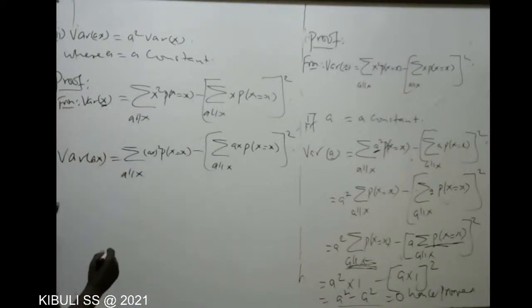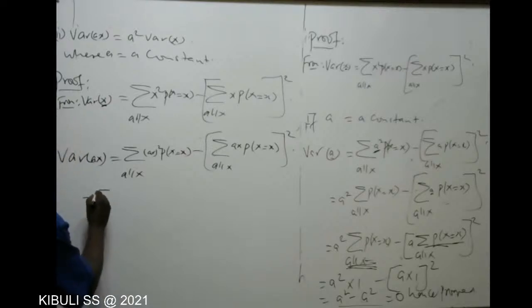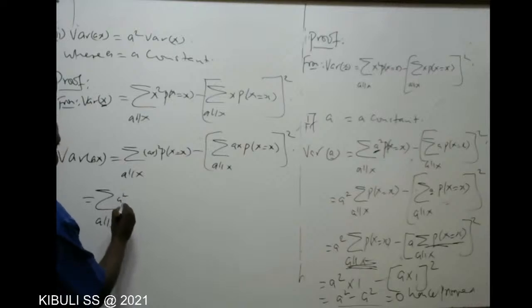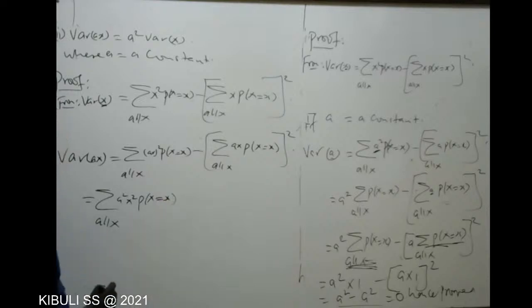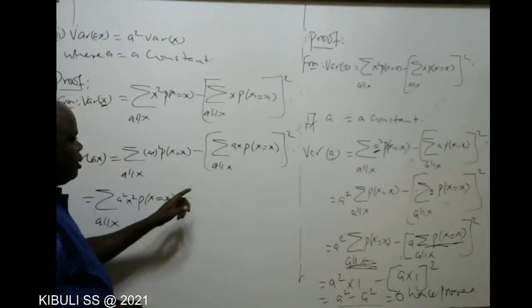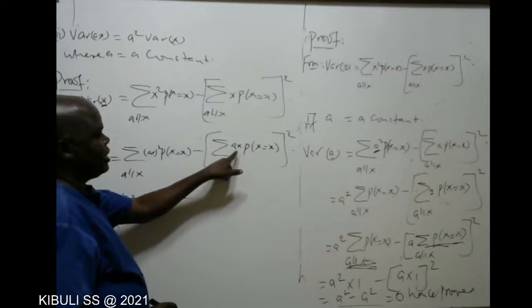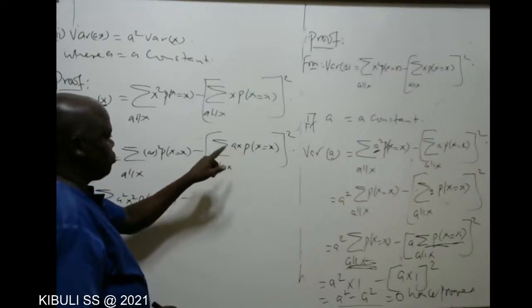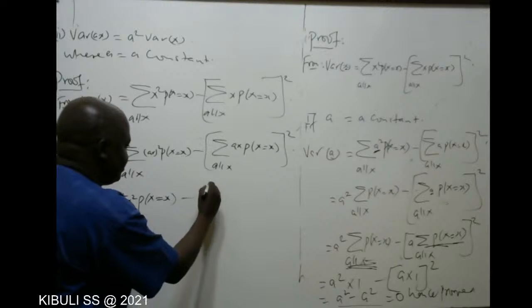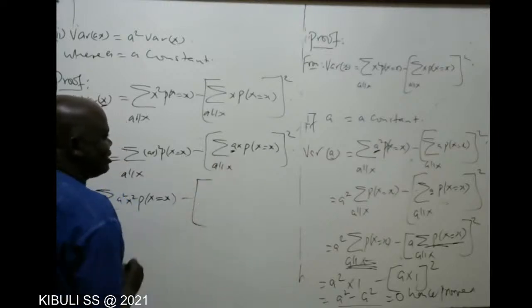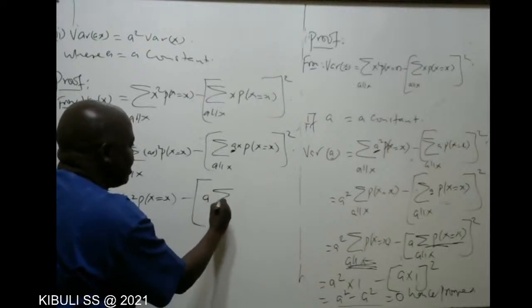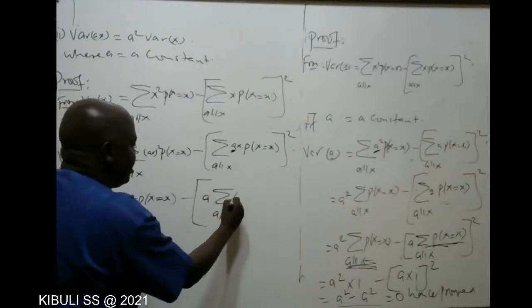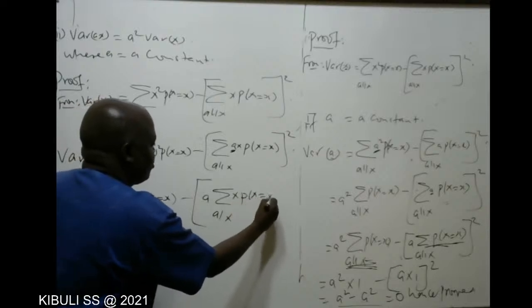So this shall be equal to the sum of all of x, a squared, x squared, probability of x is equal to x, minus. You have here two options: either pull out the constant squared, or square first. But for simplicity, we are going to first pull out the constant. When we pull out the constant, we shall have a, sum of all of x, probability of x is equal to x.